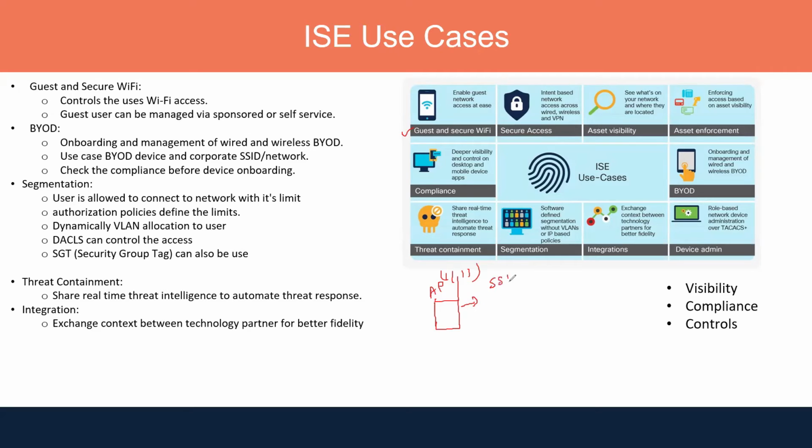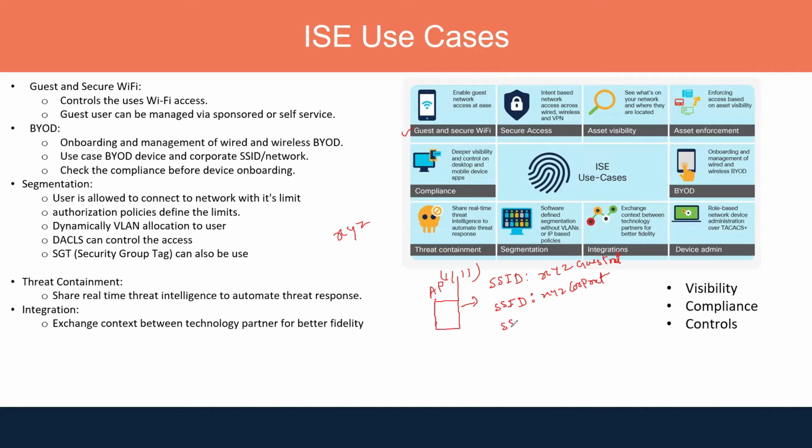One SSID is, I would take an example, XYZ guest net. This is one SSID. One AP can advertise many SSIDs, right? The other is XYZ Corp net.